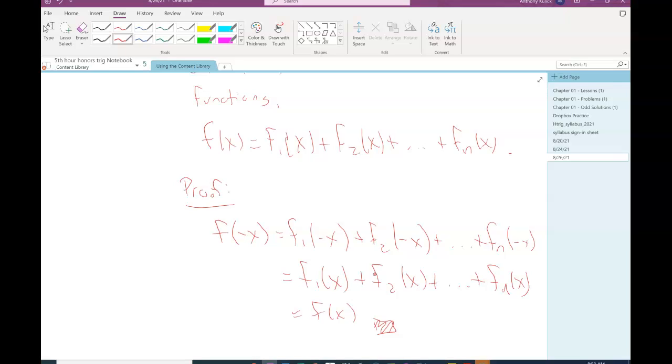And if you know the terms are odd or even, you can tell on sight whether the function is going to be odd, even, or neither, without having to actually do the proof. Or, in the case of the homework where I'm asking you to do the proof, you know exactly what you're trying to prove. There's no guesswork as to whether this is going to be odd or even. So you can't really get it wrong. You know what I mean?